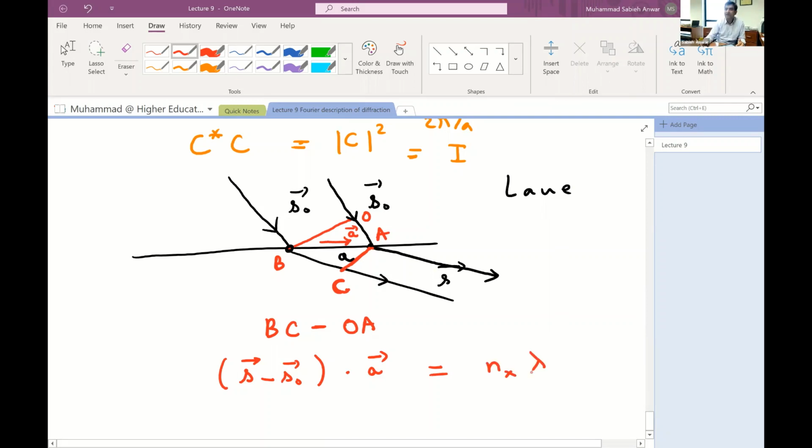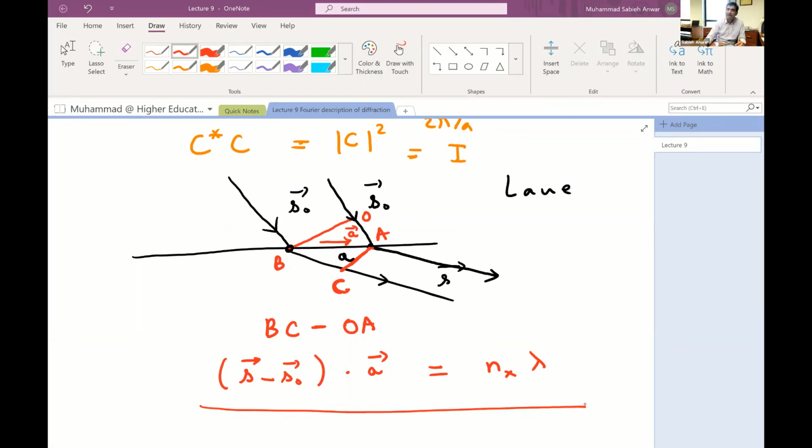This becomes the Bragg formulation. Okay, so if this were true, then the beam will be scattered off at an angle S. This is called the Laue formulation, and it turns out that this is exactly coincident with the Bragg formulation. I can just replace A by the reciprocal lattice vector, keeping in view the magnitude, which is 2 pi over A, and you get the Bragg formulation back again.